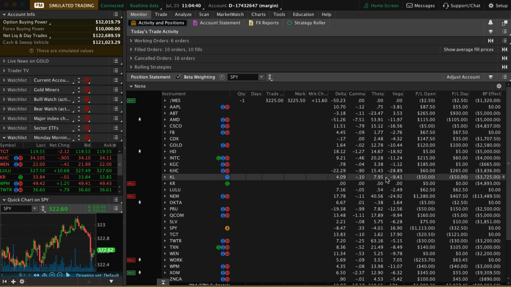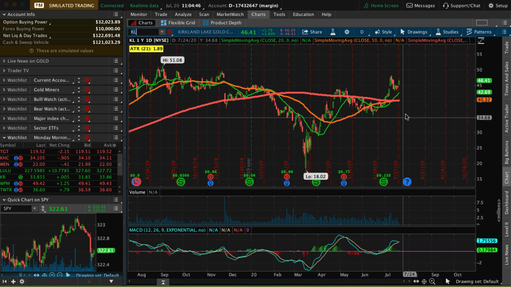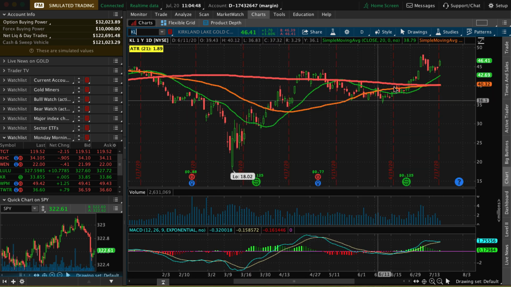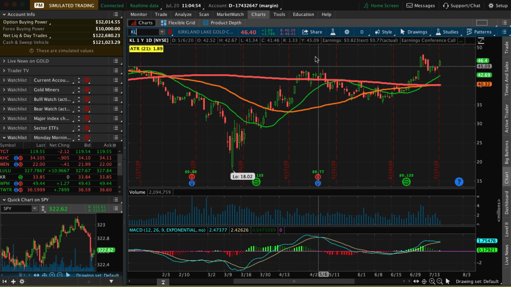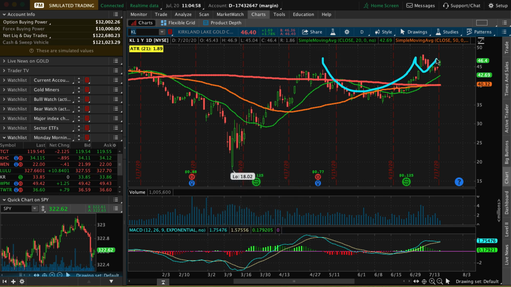Scroll down. KL, this is a mining company. I think it's actually quite expensive. You can see how the miners were performing. They had the patterns kind of creating a cup and handle. To me, it is bullish, and they have an announcement of earnings coming soon.